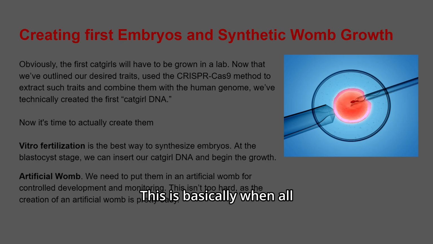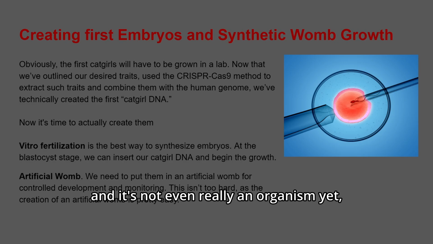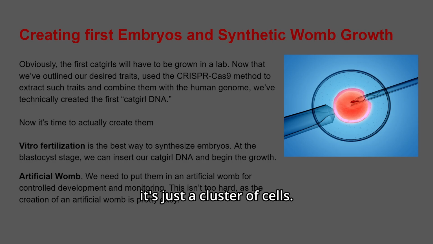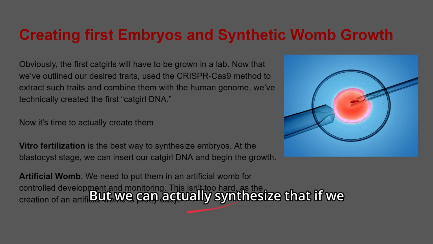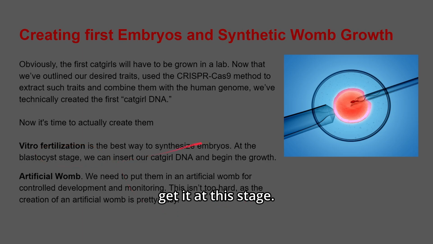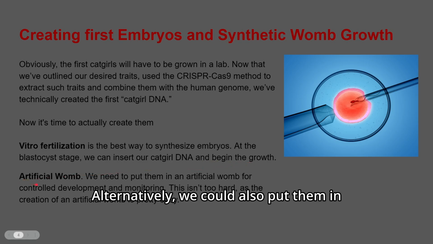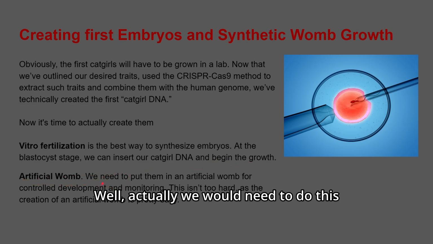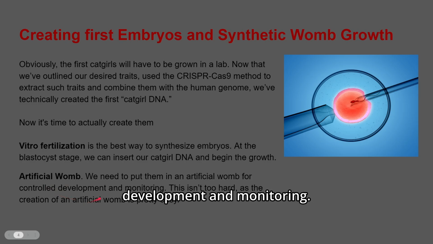This is basically when all that exists is a cluster of cells, and it's not even really an organism yet, it's just a cluster of cells. But we can actually synthesize that if we get it at this stage. We insert our catgirl DNA and we begin the growth. Alternatively, we could also put them in the artificial womb. Well, actually, we would need to do this for controlled development and monitoring.